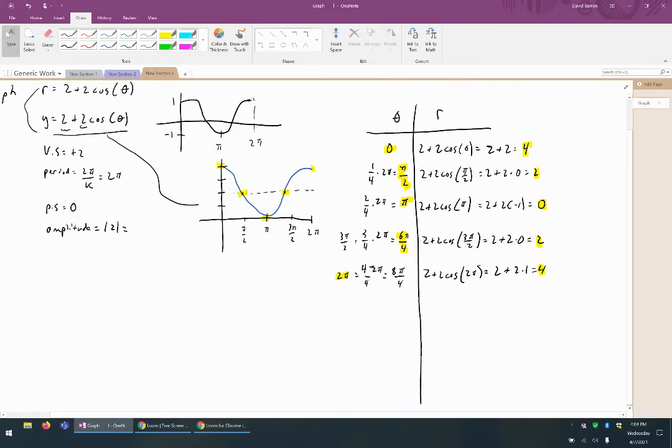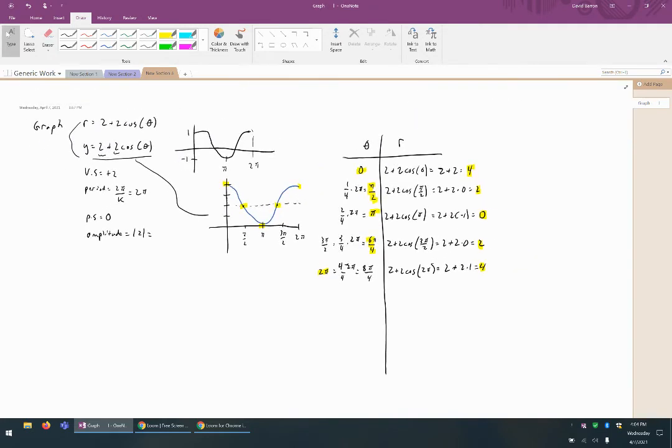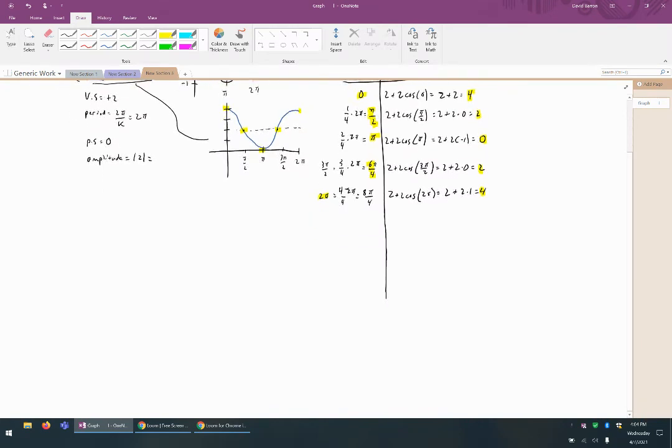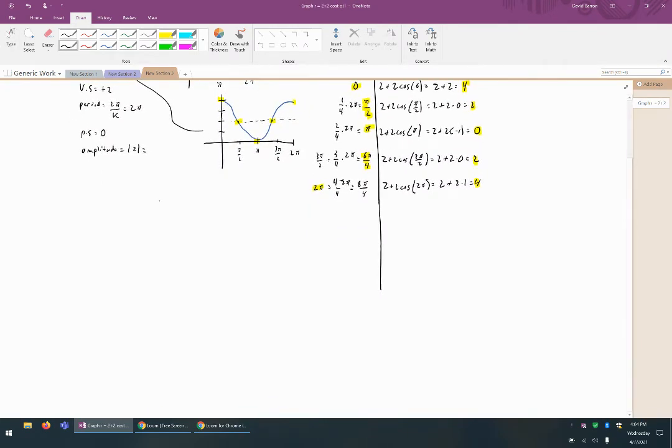Okay. So now if we want to take this information and draw this in polar form, as opposed to a grid, we have concentric circles going away from the origin, representing different r values, distances from 0.